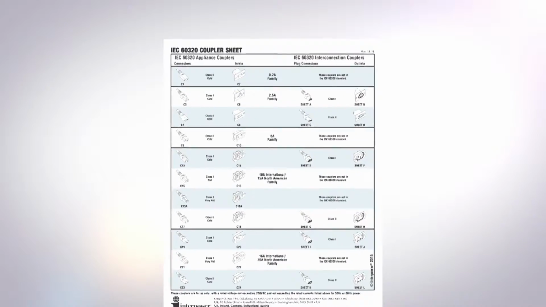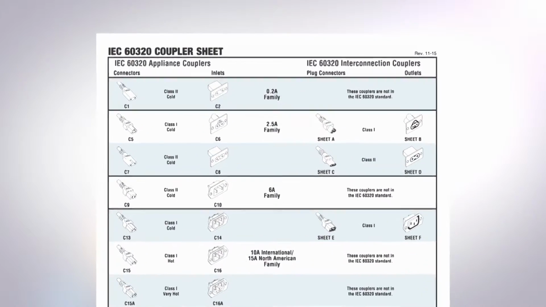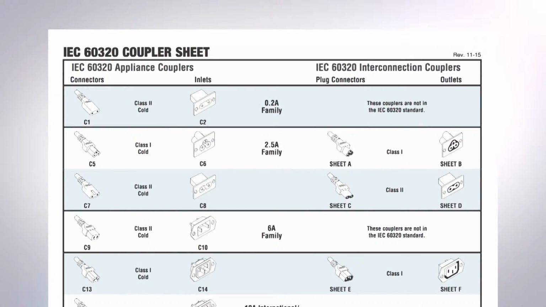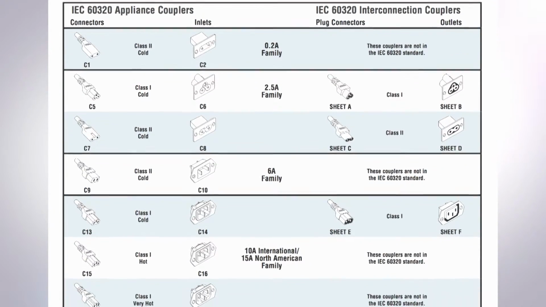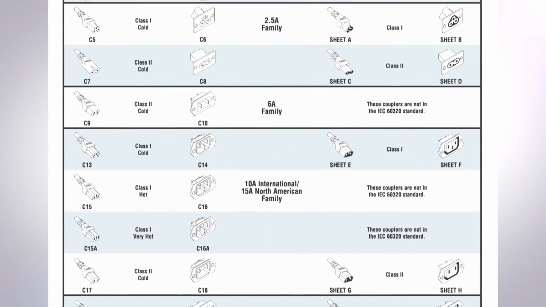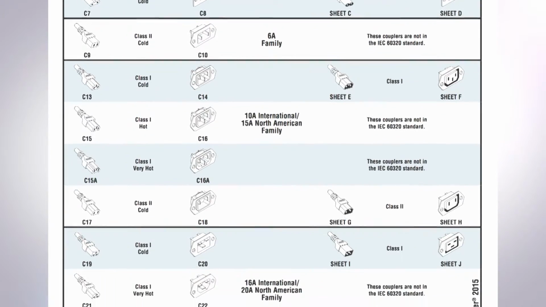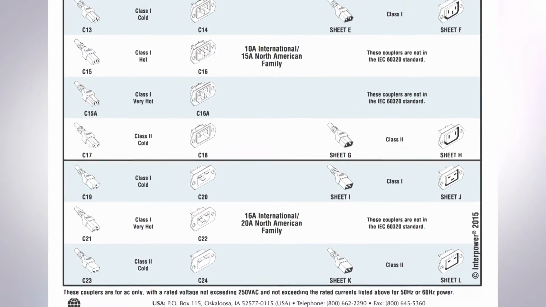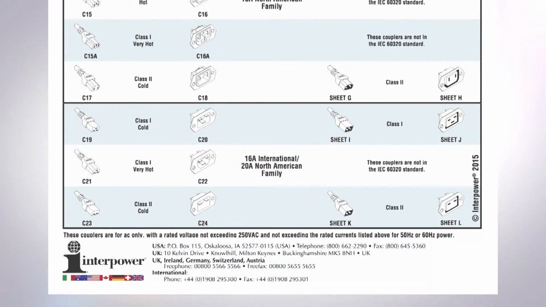Okay, so in order to design products that don't require that reconfiguration by the user, could you explain what components can be used? Well, accessory power distribution components are based on the IEC 60320 standard. For a list of all the components in the family, Interpower has an IEC 60320 coupler sheet available on our website. What are some of the most common configurations?